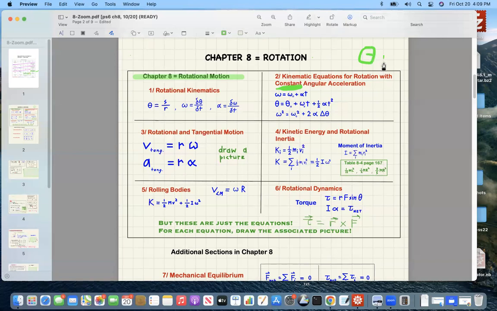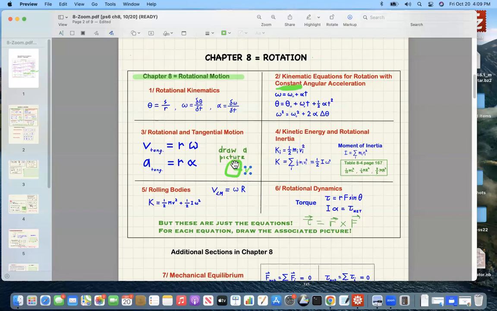So let's call it R. And we consider the angular velocity of a point on the circle going around the origin, which is the center of the circle.